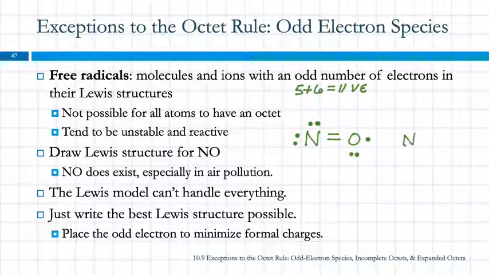This isn't resonance, but we could put the valence electrons in a little differently and give nitrogen the odd one. And so if we're trying to choose, we're going to place the odd electron to minimize formal charges.